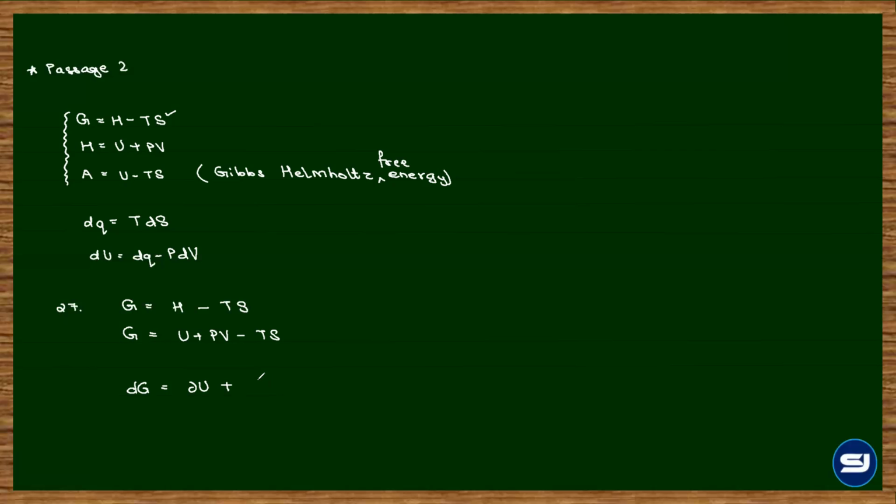P del V plus V del P minus similarly TS, UV rule लगाओ, T del S minus S del T. Okay, clear? Yes, sir.